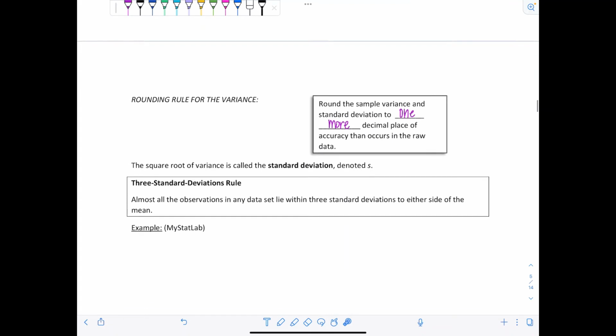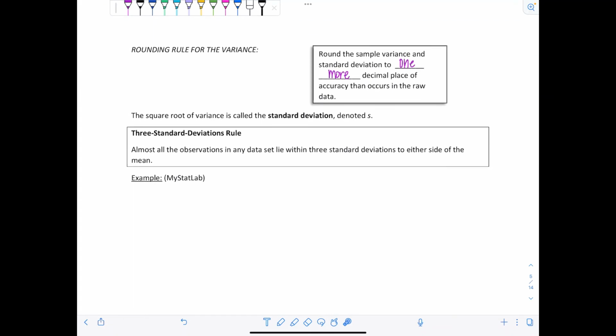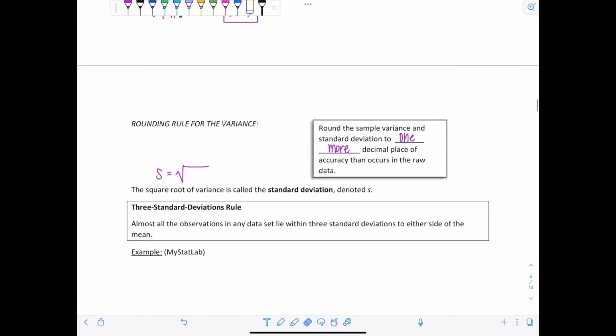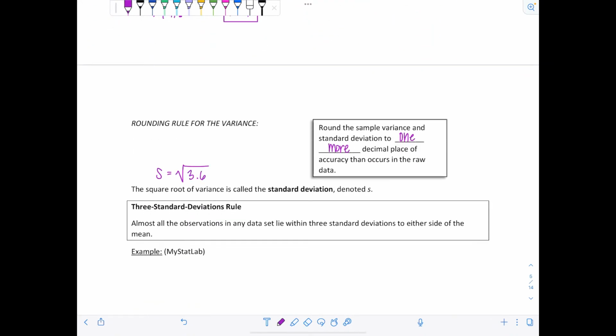All right, good. Now, the square root of the variance is what is called the standard deviation, denoted by S. So our standard deviation is going to be the square root of the variance, which we have right here, 3.6. And I'll round that to 1.9.